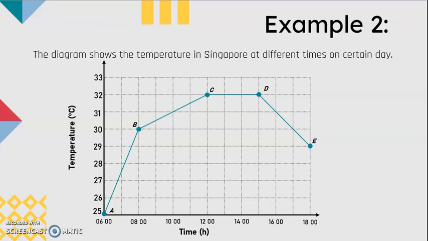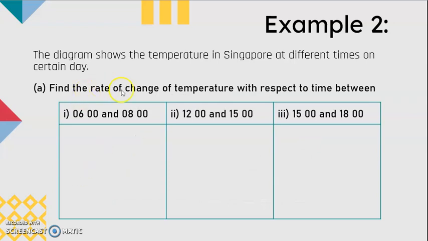The diagram shows the temperature in Singapore at different times on a certain day. So we have this graph, temperature against the time in hour. The first one, find the rate of change of temperature with respect to time between 6 and 8 a.m., 12 and 3 p.m., and 4 and 6 p.m. Alright, so let's try to do this one first.